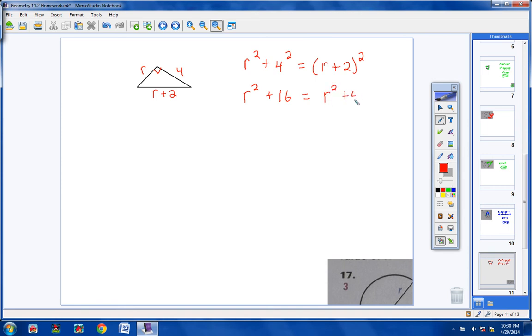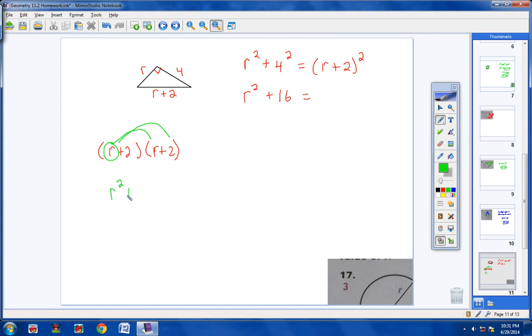squared plus 4. You do not square the R and square the 2. That is incorrect. What you do is you write this parentheses twice. So you really have R plus 2 times R plus 2. And we should know how to do that. You take this R right here and you multiply it through. So R times R is R squared.